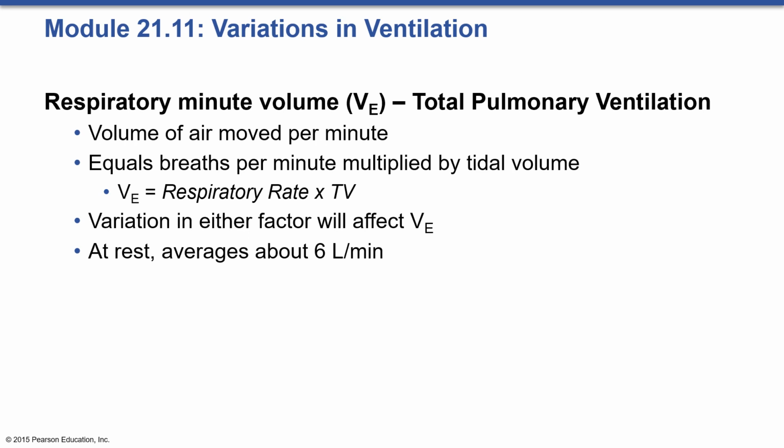Now a variation in either factor will of course affect this overall respiratory minute volume. If we have an increase in respiratory rate, it will drive that respiratory minute volume up. If we have an increase in tidal volume, it will of course drive that respiratory minute volume up. At rest, we average about 6 liters of air per minute.